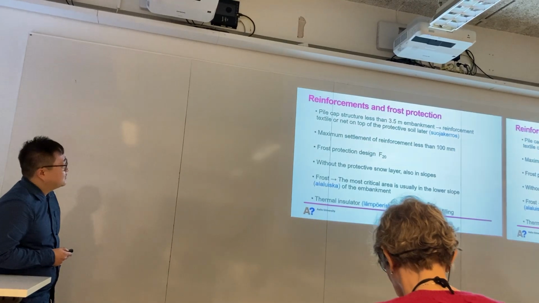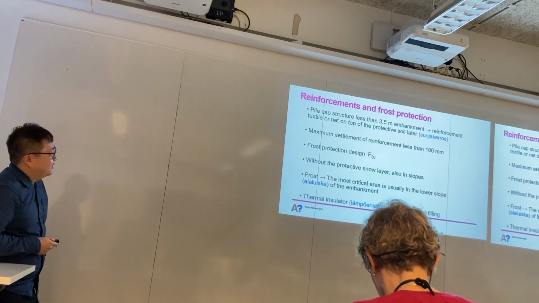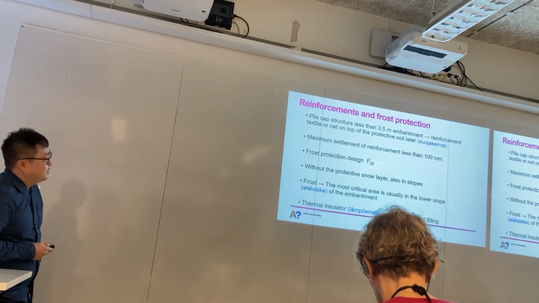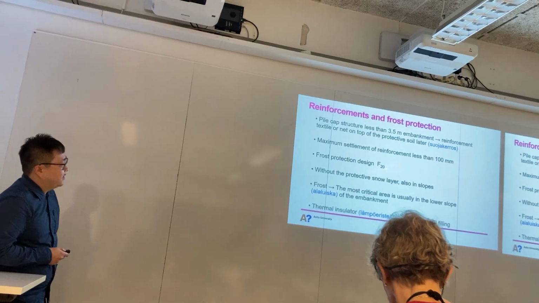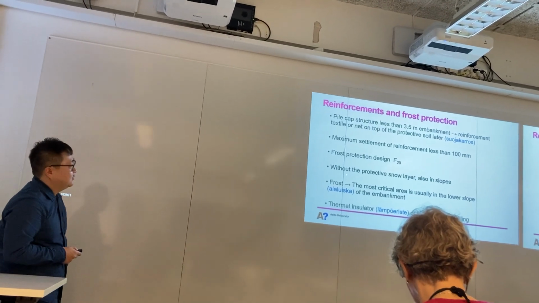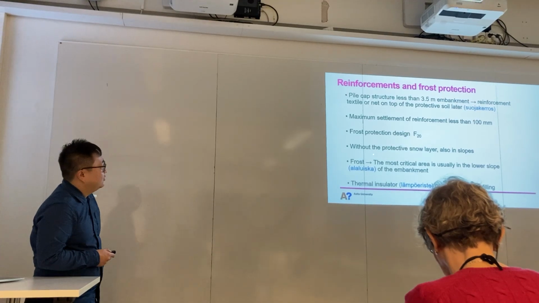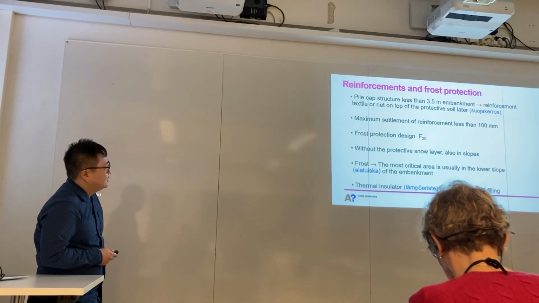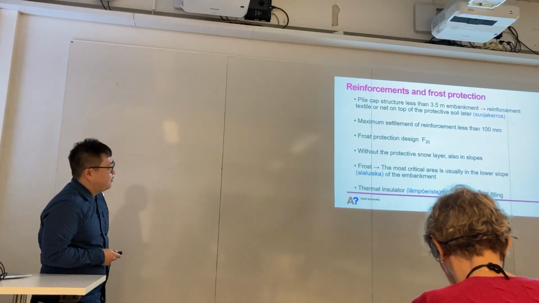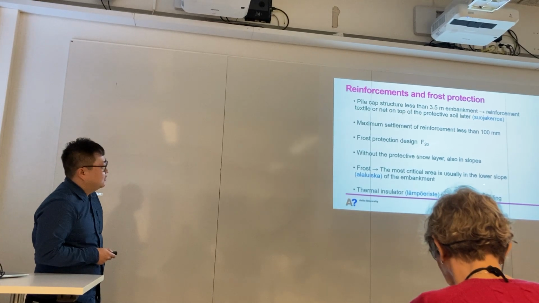For frost protection, we usually use the design F20. This is a freezing index according to the standard. Here the 20 means 20 years, for example. For frost, the most critical area is usually the lower slope of the embankment.